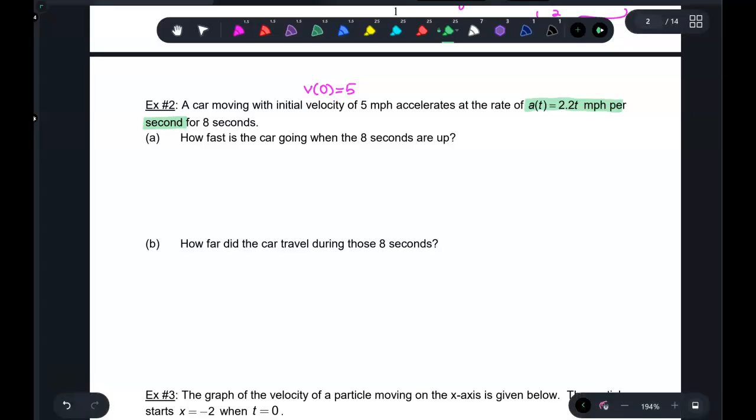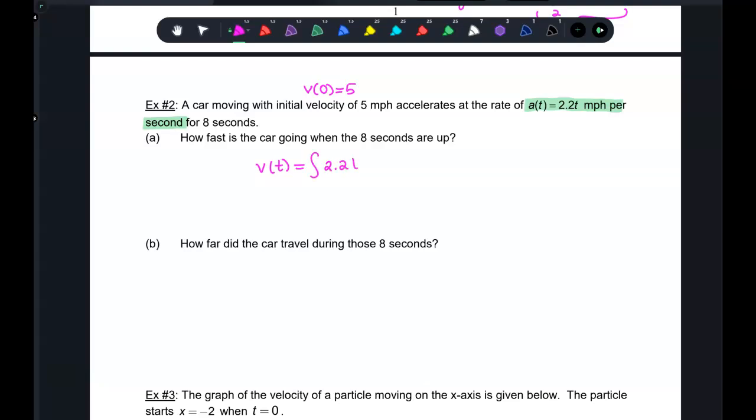Okay, that's fine. So v of t is going to be the integral of acceleration, so that's going to be 2.2 t squared over 2, so 1.1 t squared plus c. So that's going to make c equal to 5.